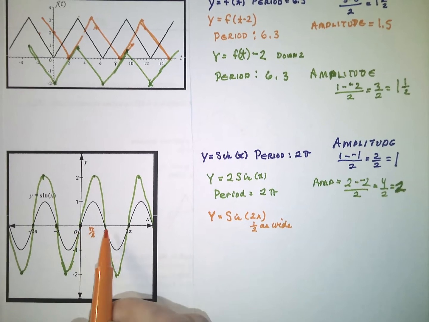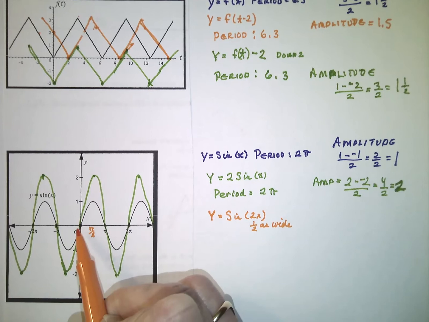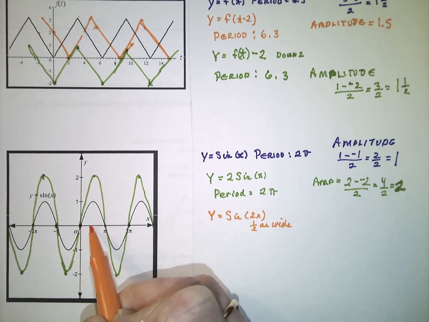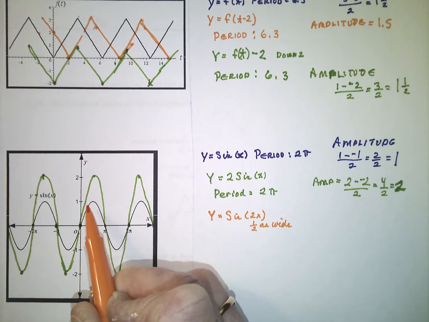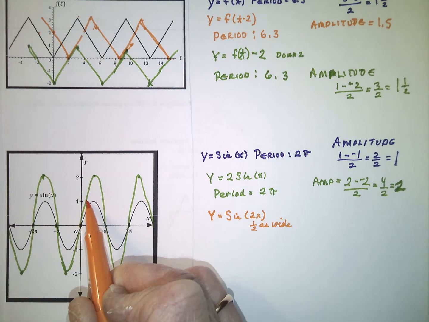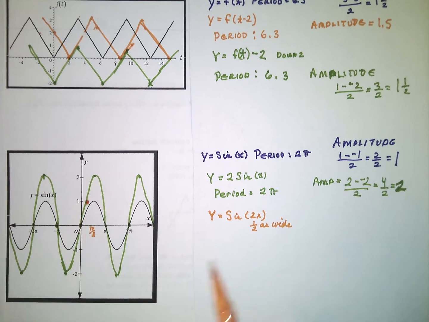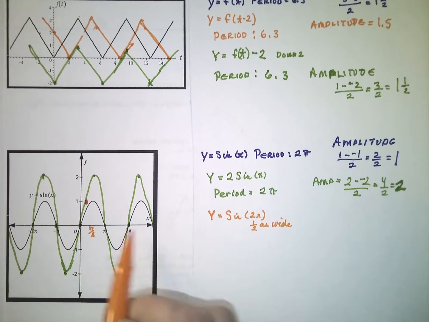Now if I split in between 0 and pi, there's half a pi. So the original function reached its height at half a pi. Well, now it's going to reach that same height in half the time.